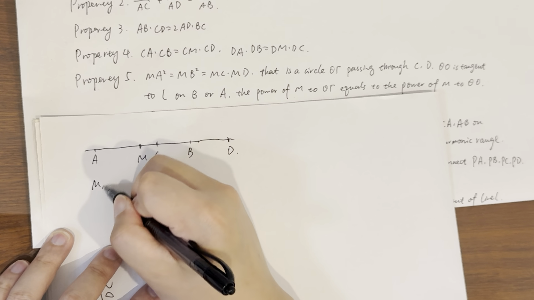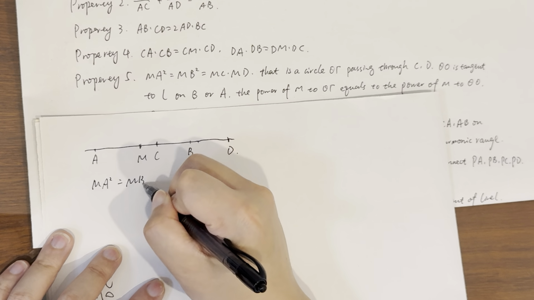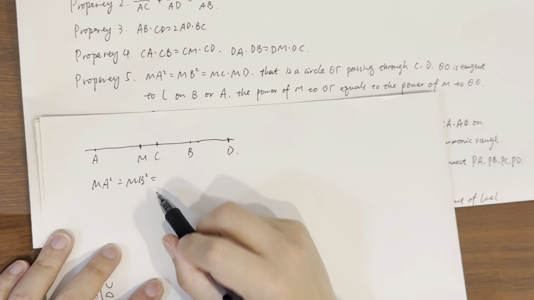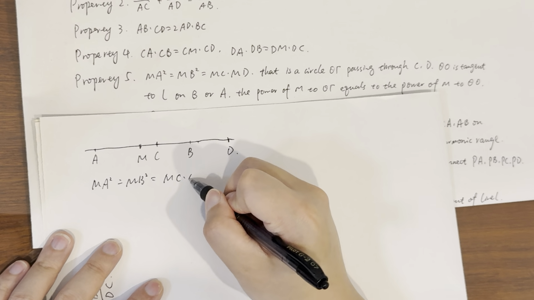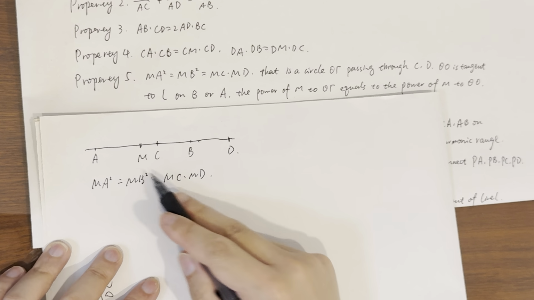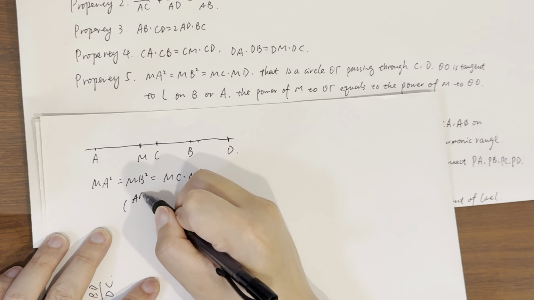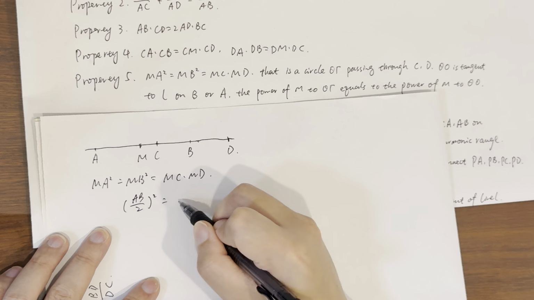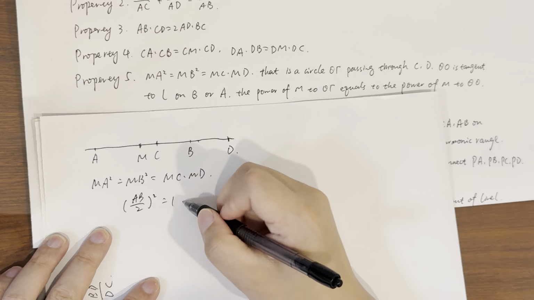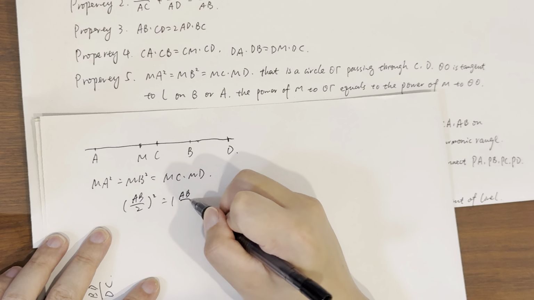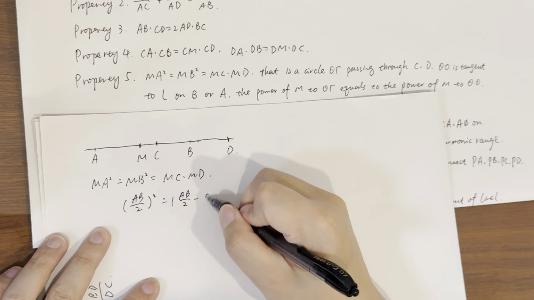We want to prove that MA squared equals MB squared, which is obvious, and we want to prove that it equals MC times MD, right? What is MB? MB is AB divided by 2, squared, right? And what is MC? MC is half of AB minus CB.